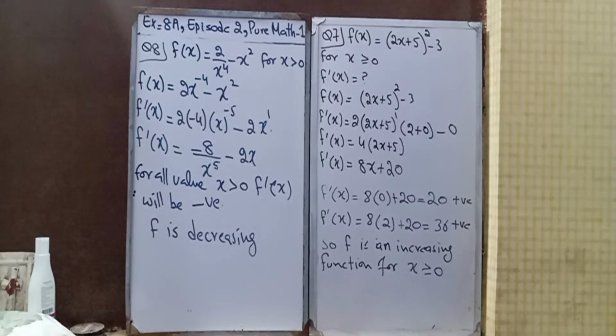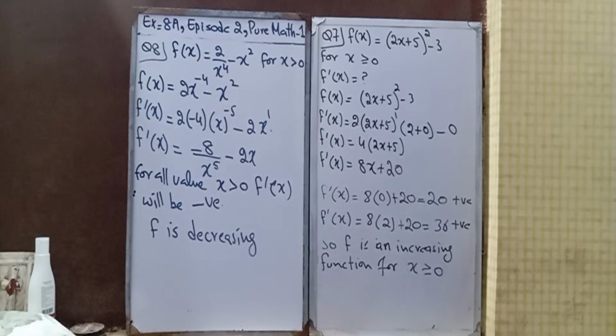The first has a minus 8 in it, so that term will remain negative, and the second term also has a minus 2 in it. So if x is positive, both the terms will be negative, and when you add them up, the answer will always be negative. That means the derivative will always be negative for x values greater than 0. If the derivative's value is negative, that shows that the function is decreasing. So this is how you will show that. It's very logical and you have to think about it.